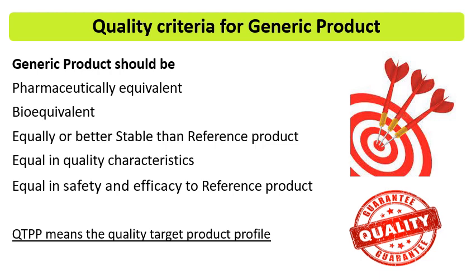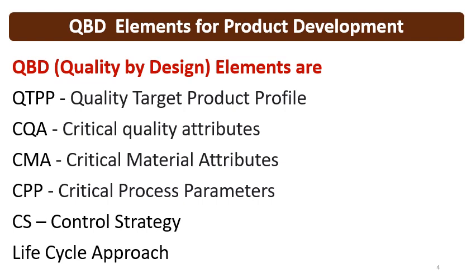Then we will understand the quality by design elements. Quality by design is the risk based approach in which the risk is evaluated for each and every step. The QbD elements start from the QTPP, then CQA, CMAs, CPP, and CS.